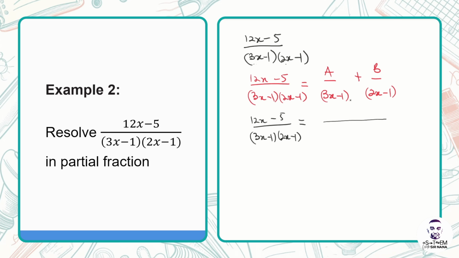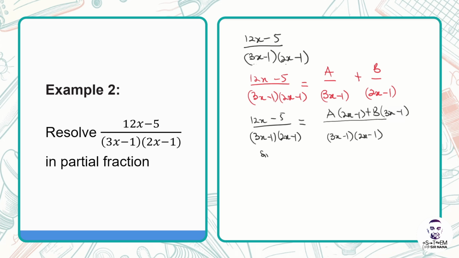The LCM of 3x minus 1 and 2x minus 1 is (3x minus 1)(2x minus 1). So 3x minus 1 goes into 3x minus 1, and we are left with 2x minus 1. So we have A multiplying 2x minus 1. And then plus B, 2x minus 1 goes into 2x minus 1, so we are left with 3x minus 1. So B multiplying 3x minus 1.